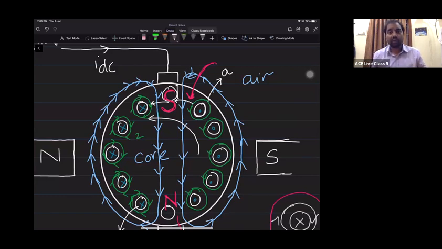The commutator. So the role of the commutator is to change the direction of current in a particular conductor which is undergoing short circuit with the brushes. Once this armature is moving, this conductor will come and touch the brush. After that, it will come to the other side, and the direction of current will be reversed, from dot to cross. This point clear?